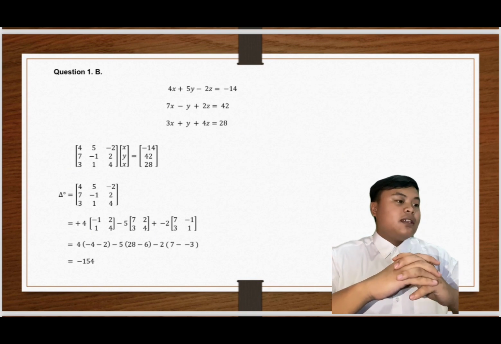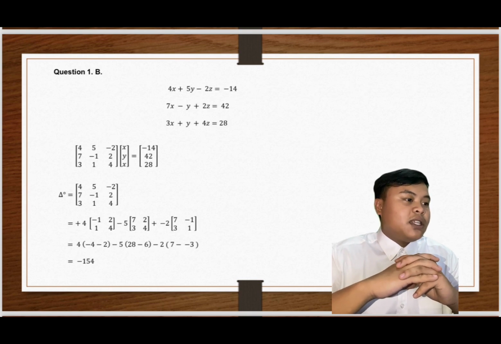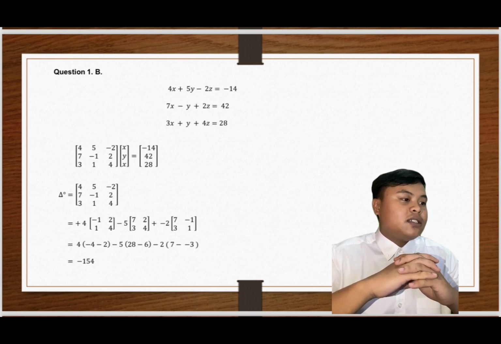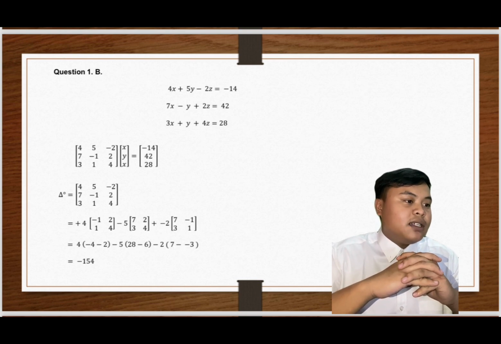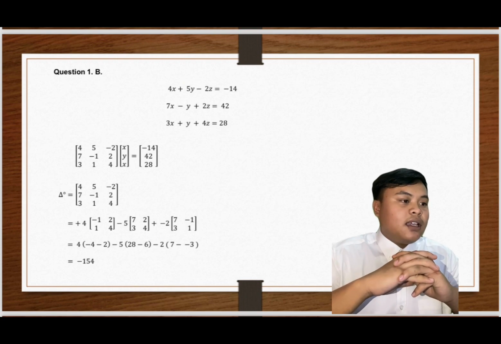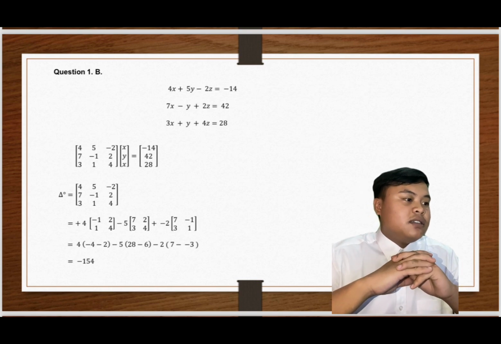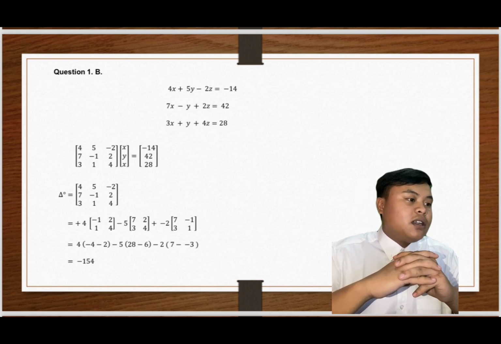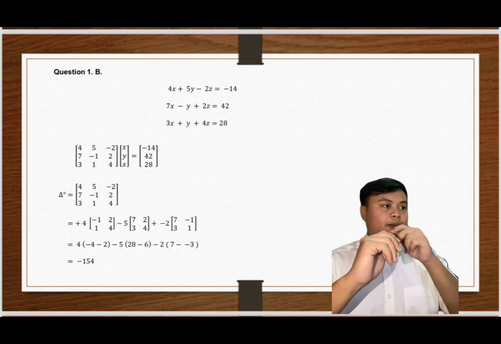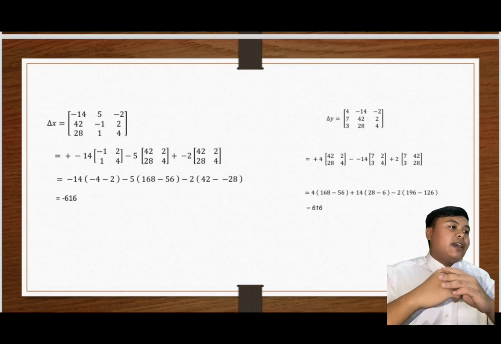The solve is 4 multiply negative 4 minus 2, negative 5 multiply 28 minus 6, and negative 2 multiply 7 minus negative 3, and the answer is negative 154.